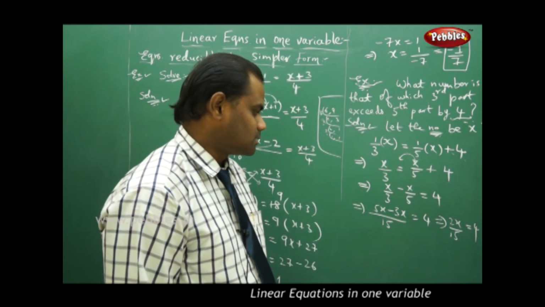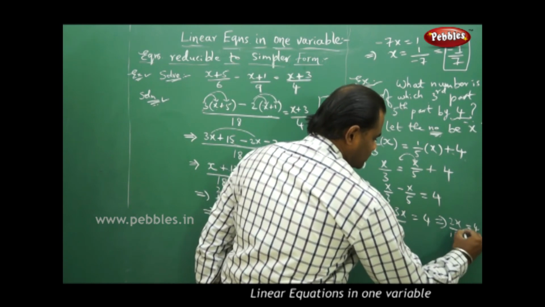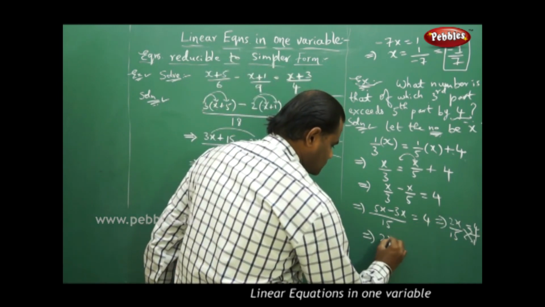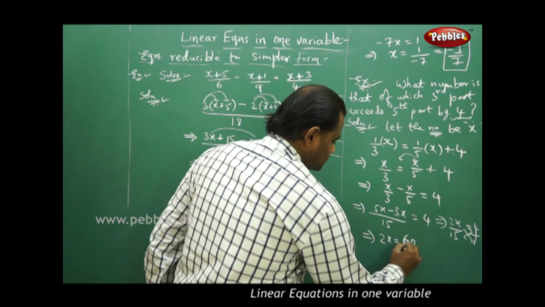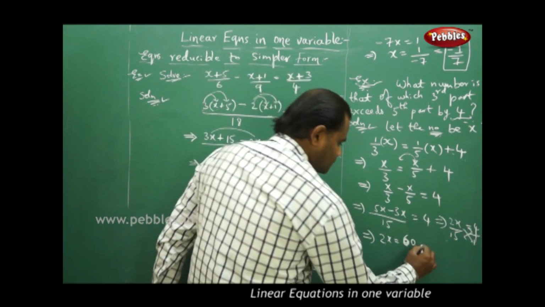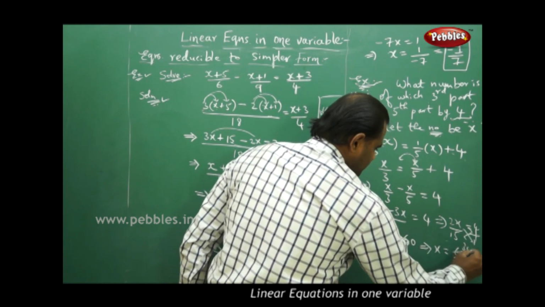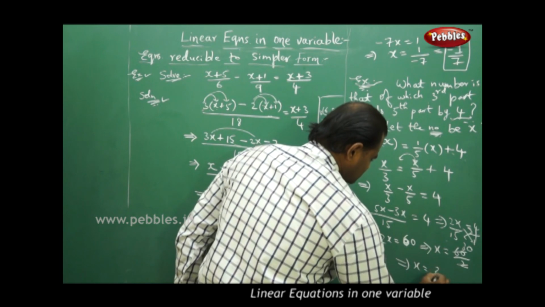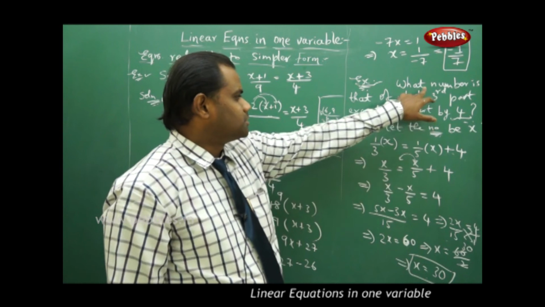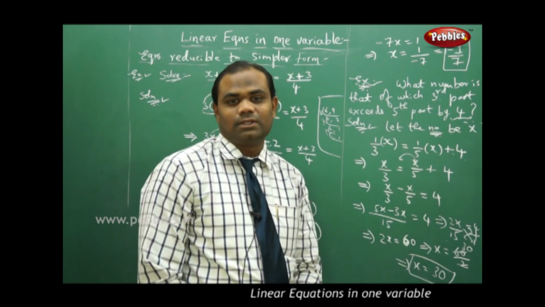Now I'm going to cross multiply so that I get 2x equals 15 fours 60. Then this would be x equal to 60 over 2, which on cancellation gives me x equal to 30. Therefore, the required number which the question is asking for with the given conditions is x equal to 30.